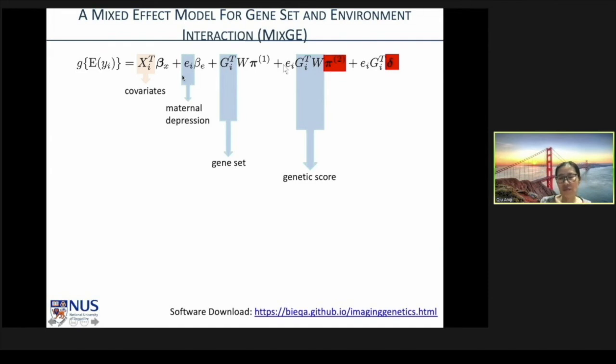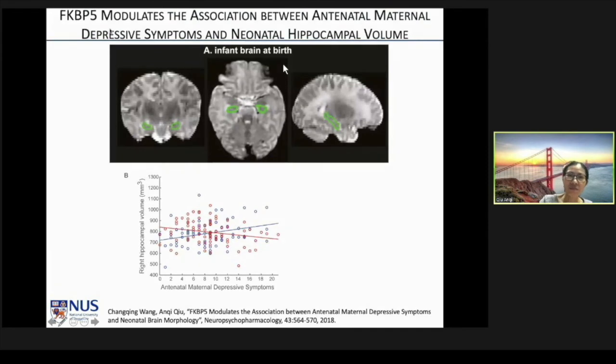So what we found is that for neonates with a higher genetic risk, if the maternal depression symptoms are high, the hippocampus volume is actually larger.